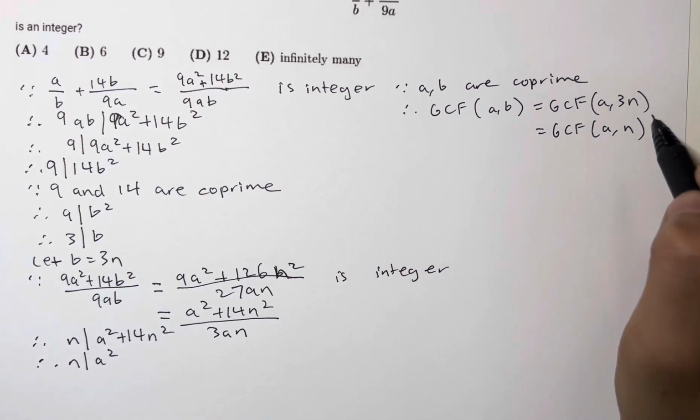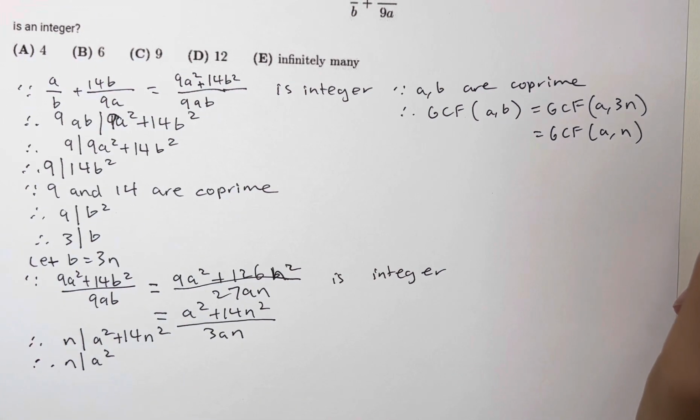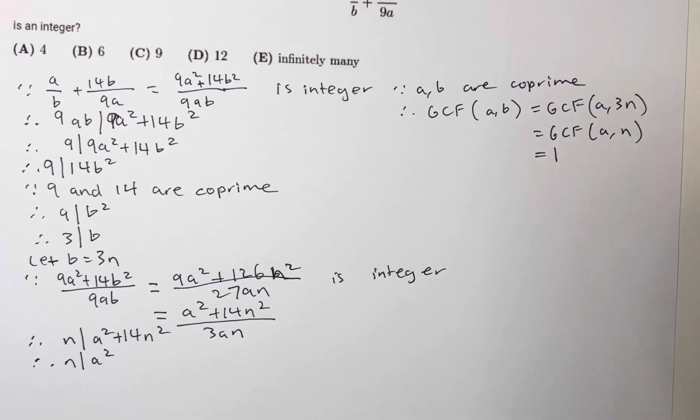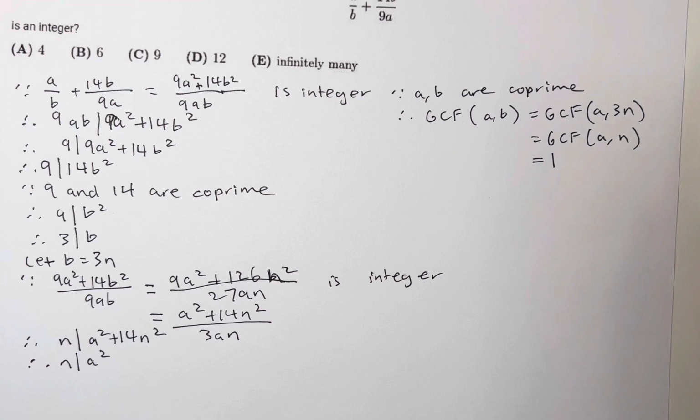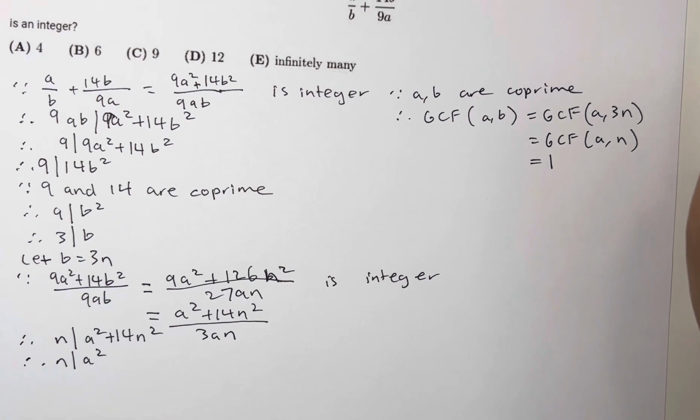And then, we're going to find pairs of positive integers, and we know this equals 1. So to make n and a have only a GCF of 1, there's only one value of n. That's obviously 1.